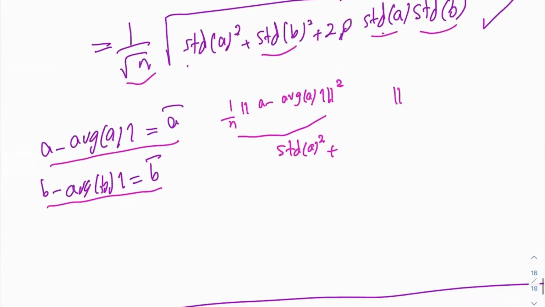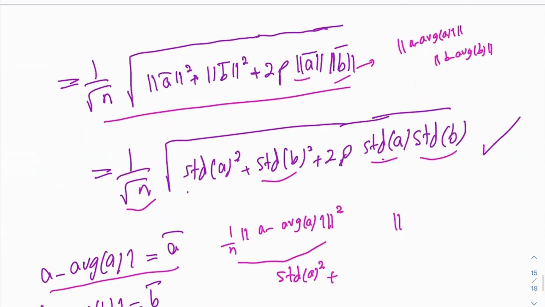Then you can condition on what happened to rho. If rho is 0, we get the standard deviation of A squared plus the standard deviation of B squared. If rho is equal to 1, then you can argue about these terms.